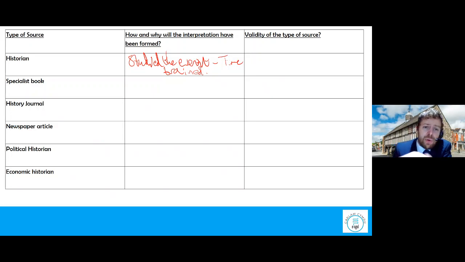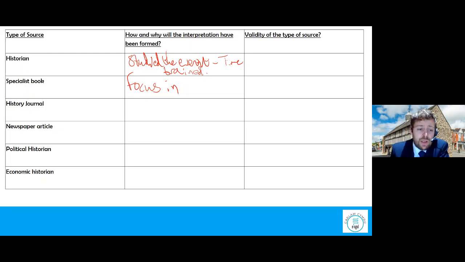Now, a specialist book tends to focus in more on a specific event. Now, I suggested you're filling this in, and you can come back to this because these recordings are online. You can come back to this and do this in more detail and run it past your teacher and lecturer. You add a little bit more detail, okay?